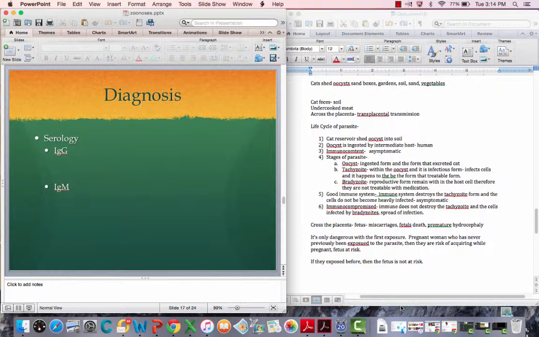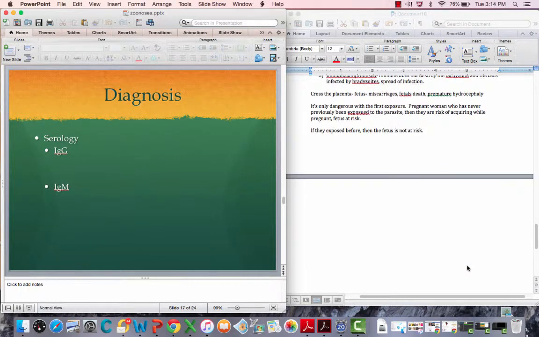So if I had become exposed while pregnant, that would have put my baby at risk. So there are ways to find this out ahead of time so that you know for sure how risky your particular situation is. But the safest thing is just to avoid doing the cat pans, and frankly, who wouldn't want to pass that chore off? So that's what is recommended, is to avoid that and be careful while gardening.